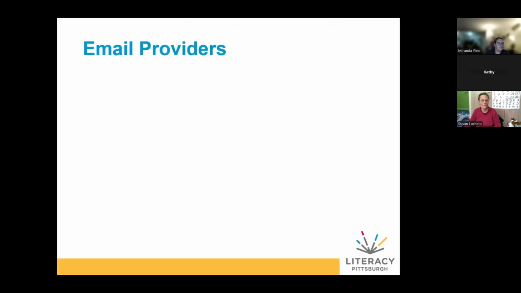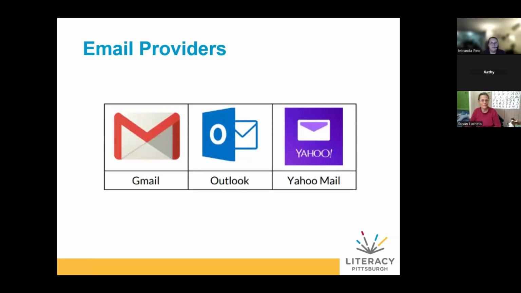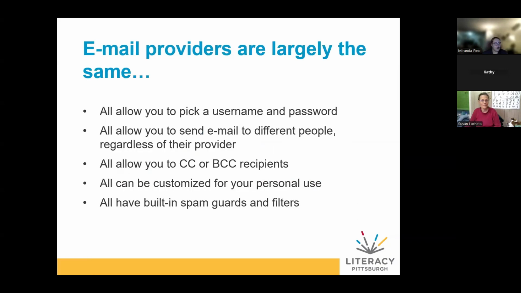So, email accounts. There are three main email providers: Gmail, Outlook, and Yahoo Mail. There are some others, and they are all pretty much the same. They all allow you to pick a unique username and password.